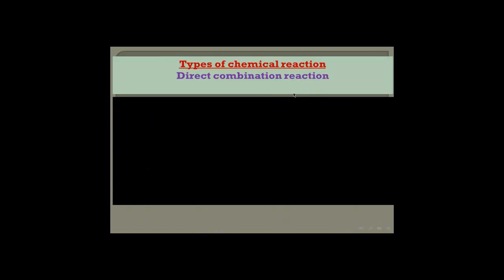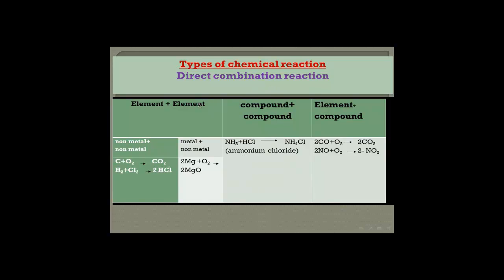How many types of chemical reaction? The type we will study is direct combination reaction. Direct combination reaction has 3 kinds.